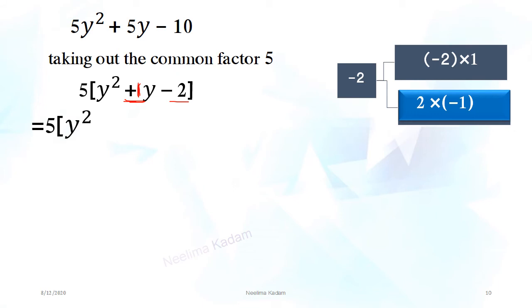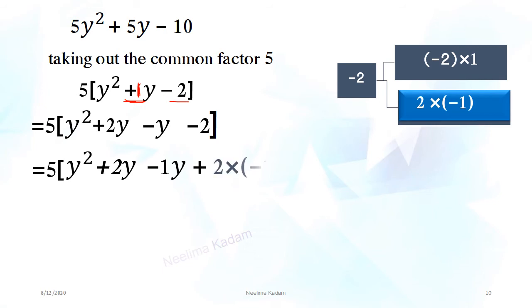First 5, y square as it is. 1y will be split up into plus 2y minus y. And minus 2 as it is, bracket completed. Okay. Now 5 into y square plus 2y minus 1y plus 2 into minus 1.